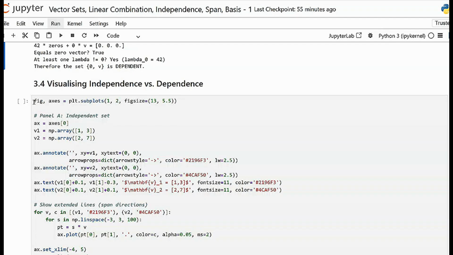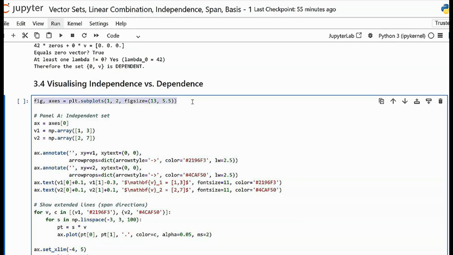So here on visualizing this, kindly observe we are making use of subplot, and this creates a figure with two panels. One is the left one, for the independent set, and the right one is for the dependent set.